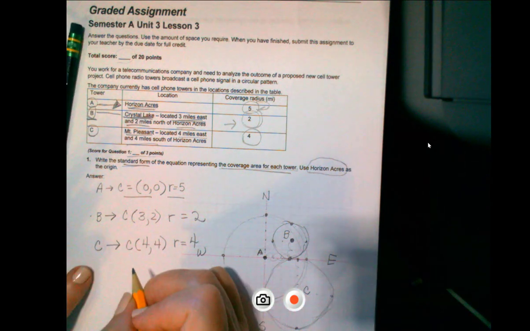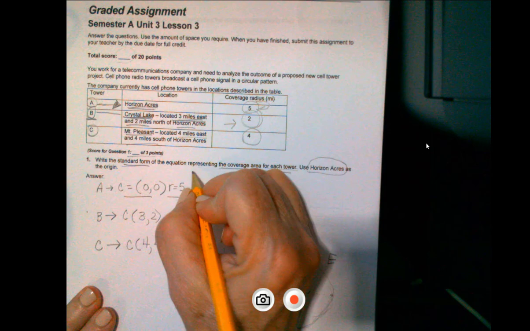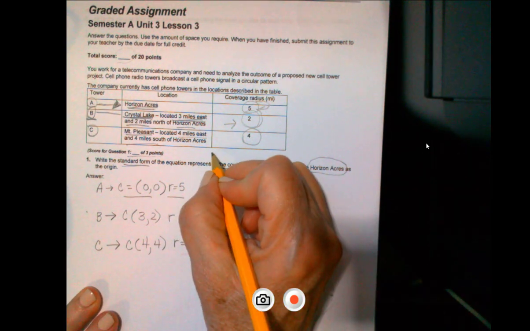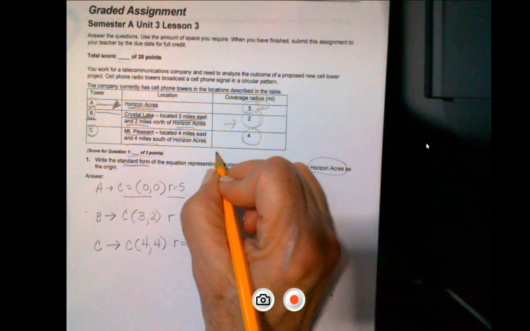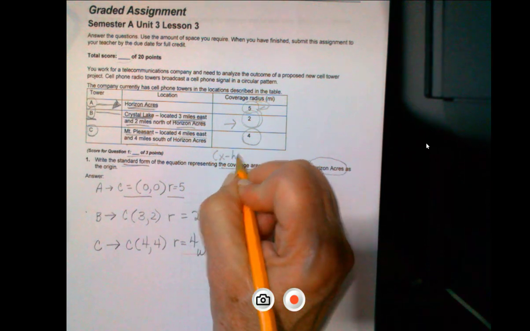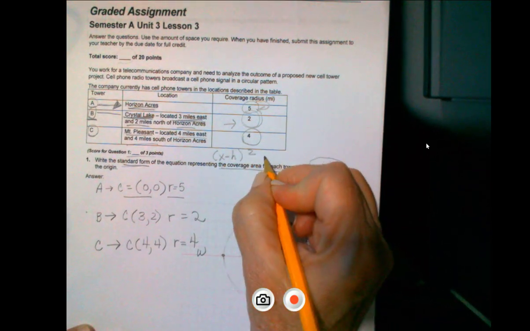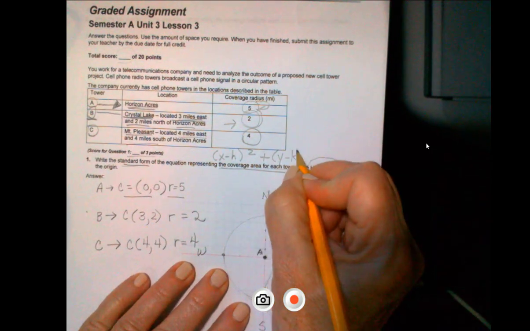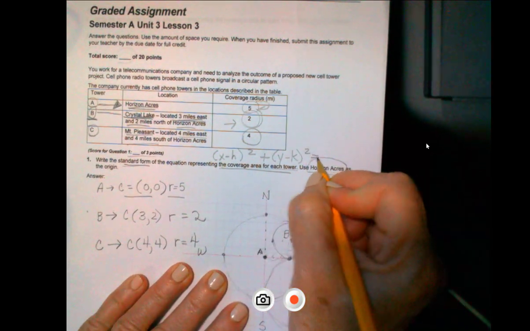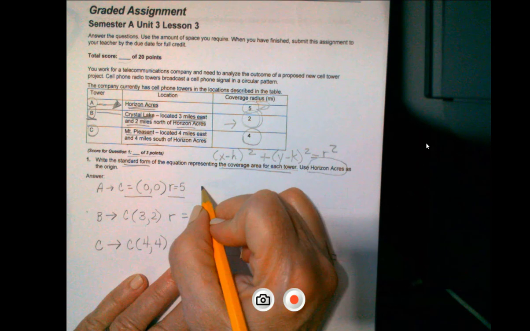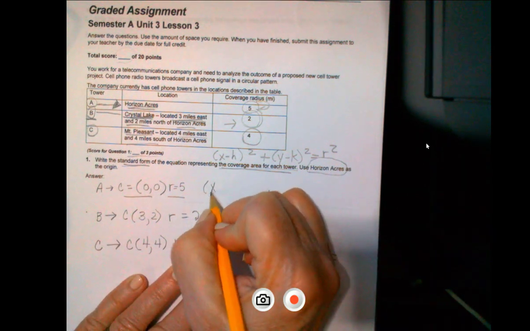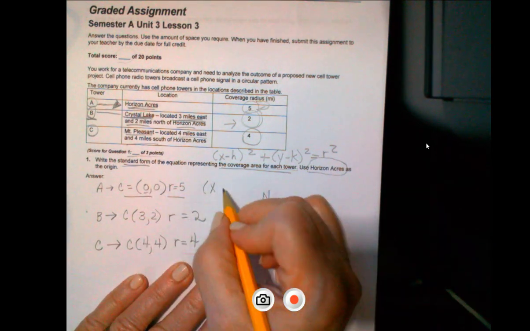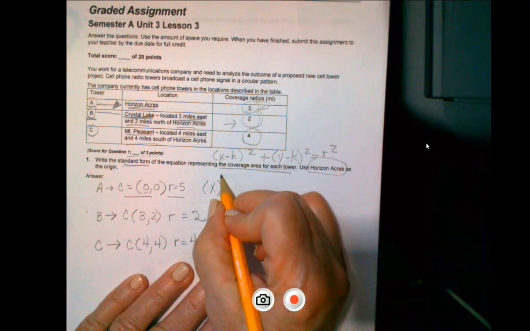All right, so from that, I can write the equation of each circle. Remember, the standard form of the equation is (x minus h) squared plus (y minus k) squared equals r squared. So for the first one, x minus 0, I'm not going to put that minus 0.